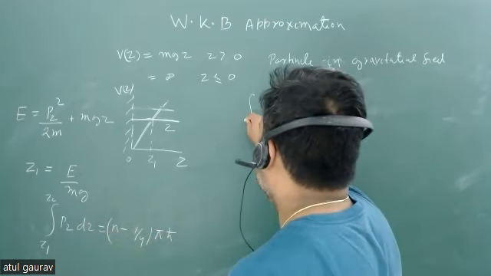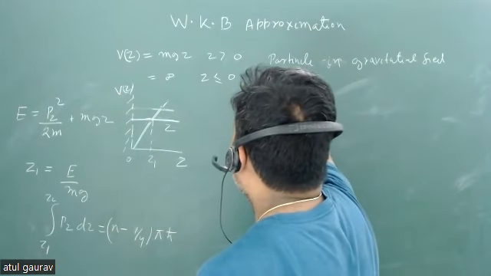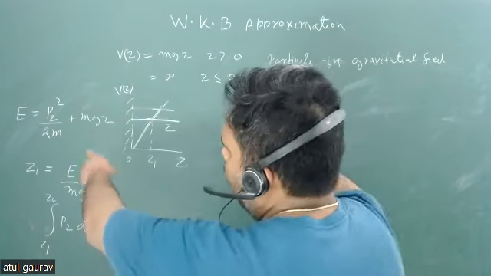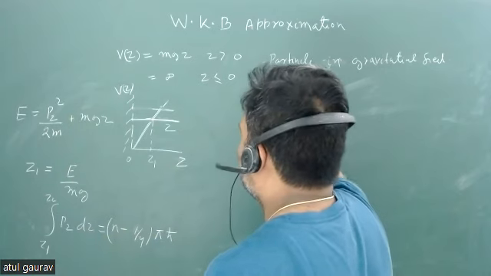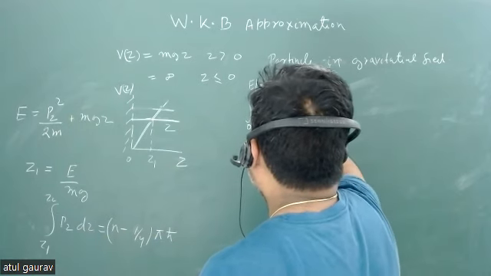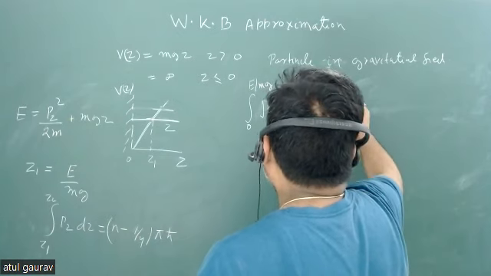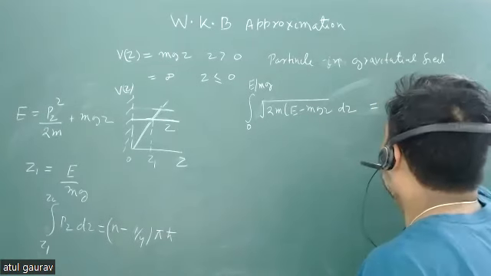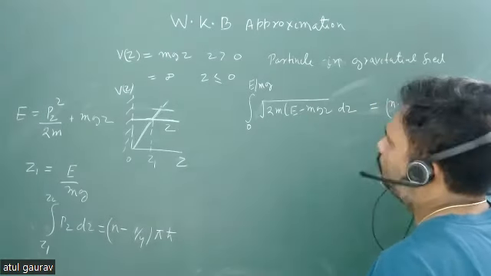And obviously we have to go from 0 to E upon mg, and the value of pz here is root under 2m (E minus mgz) dz. And this value must be equal to (n minus 1/4) pi h cut.